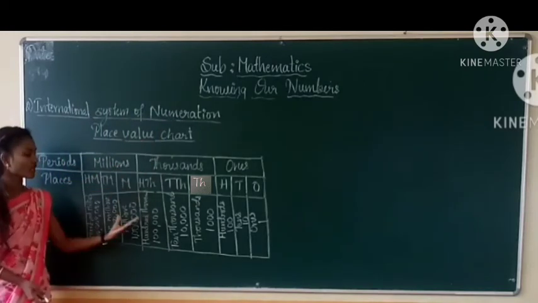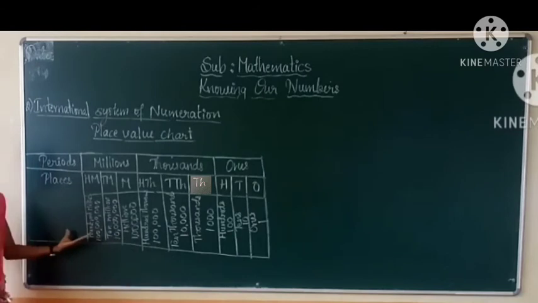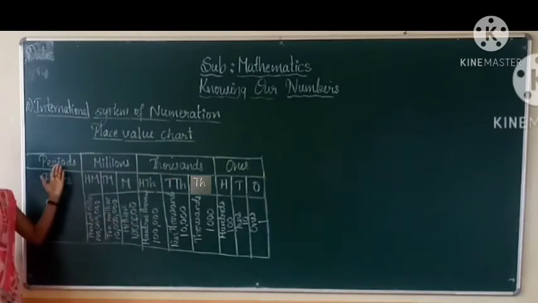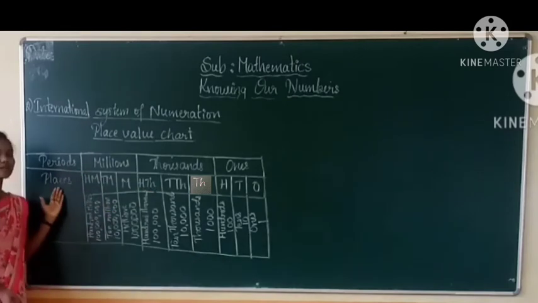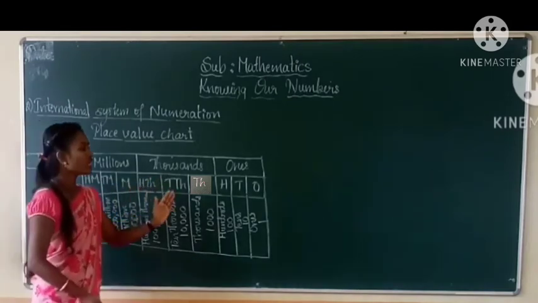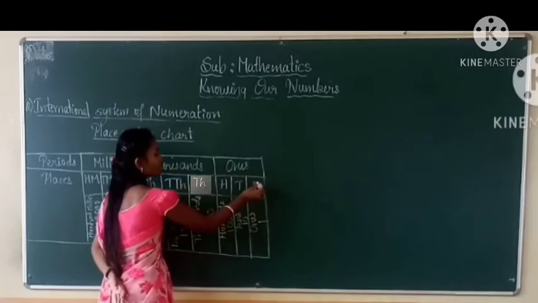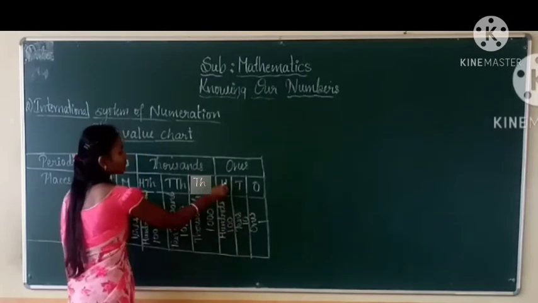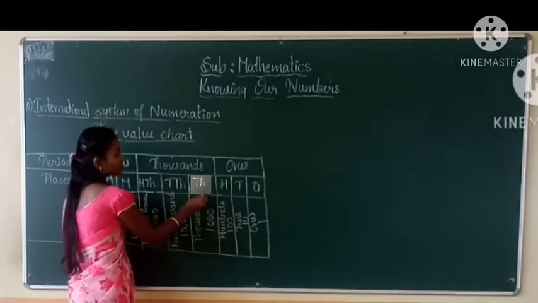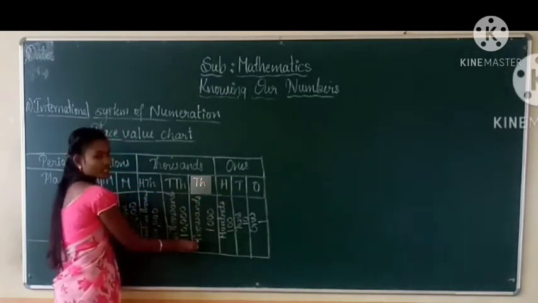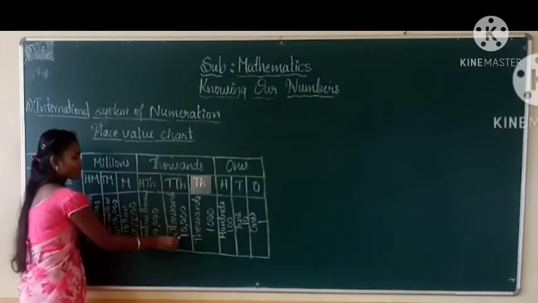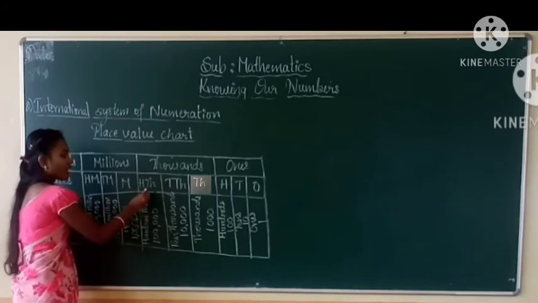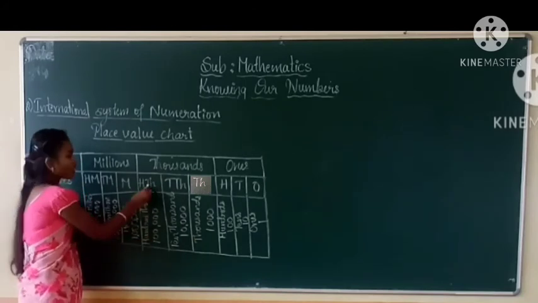This is the place value chart of the international system of numeration. The first row tells us the periods and this row tells us the places. From the right side, the first place is 1's place, second place is 10's place, third place is 100's place, the fourth place is 1000's place, fifth place is 10,000's place, and sixth place is 100,000's place.